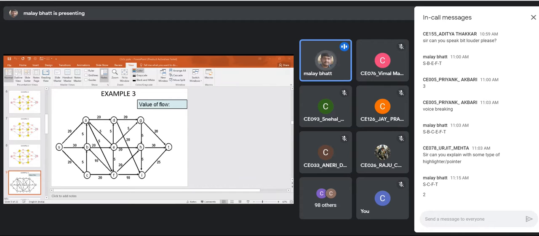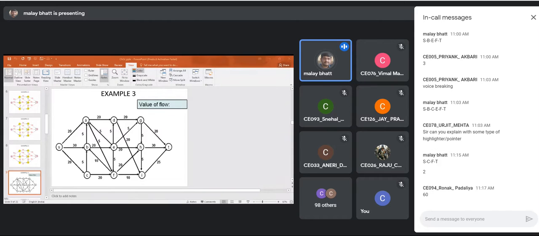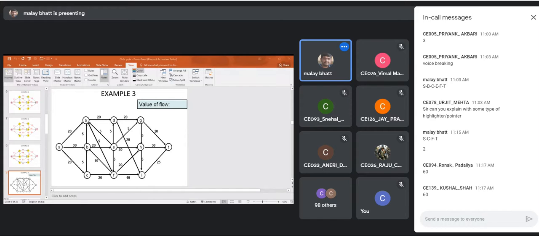So one answer which I got from your side is 60. So you can write your answer in your chat window, so others can see if anyone can get more than 60. Or it is 70.